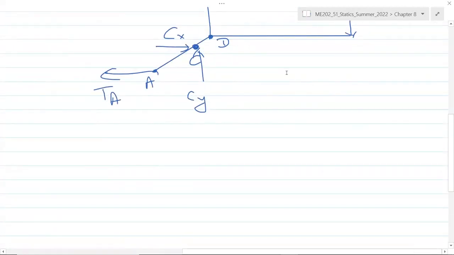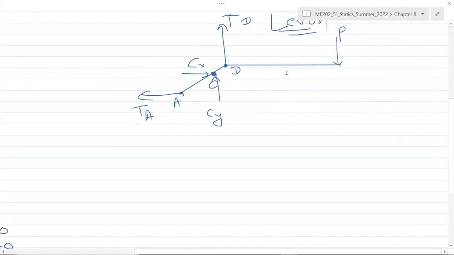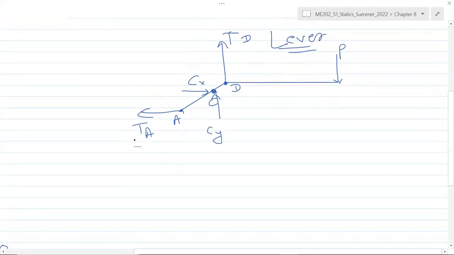What we need to do now is calculate P based on the values of TA, TD, and the distances that we have been given. This distance from C to P is 0.7 meters.